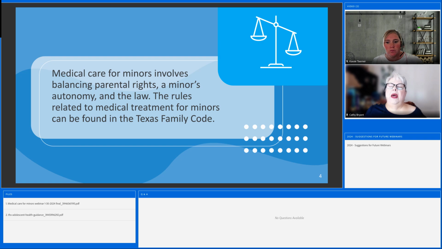So when we think about medical care of minors and what the laws surrounding it are, one of the rules that comes to mind is the Texas Family Code. In fact, a lot of our information today is based on Texas Family Code.